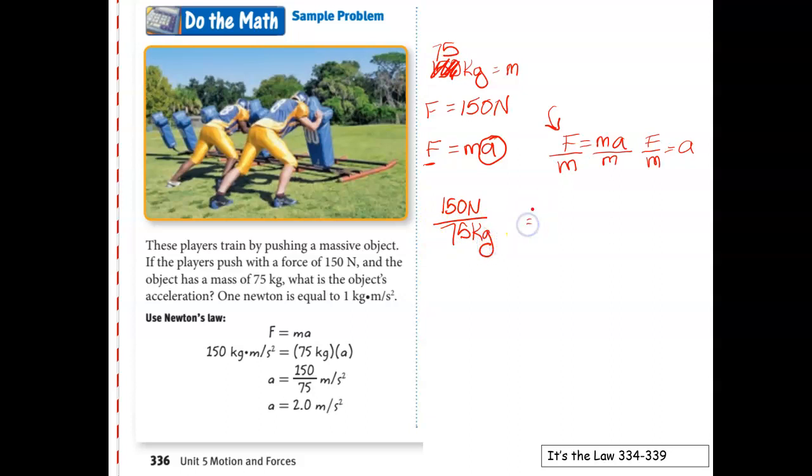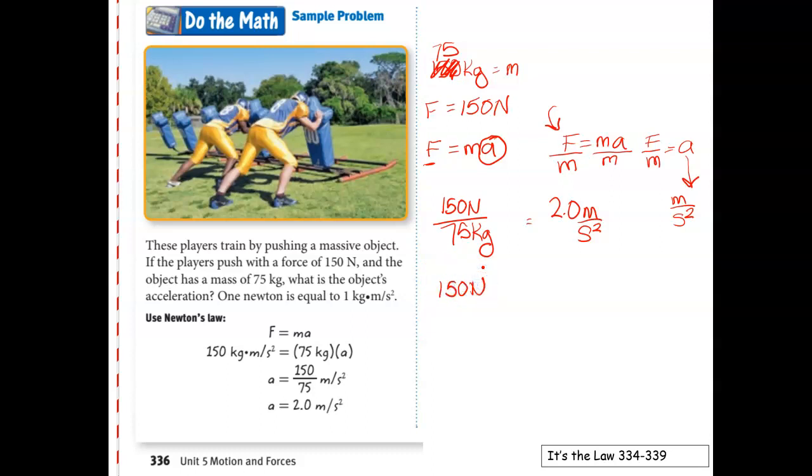So we divide that, we end up with 2 meters per second squared. Remember that the units for acceleration are meters per second squared. Now, if you wanted to look at how we ended up with those units, we would start with just leaving our equation the way it was. So we'd have 150 newtons.